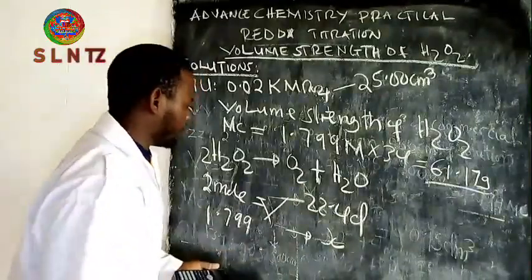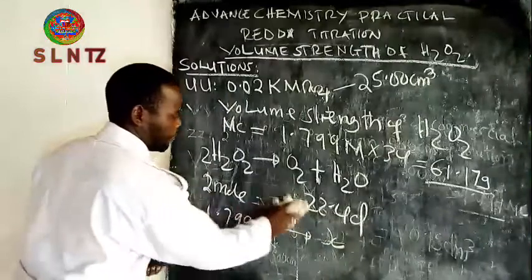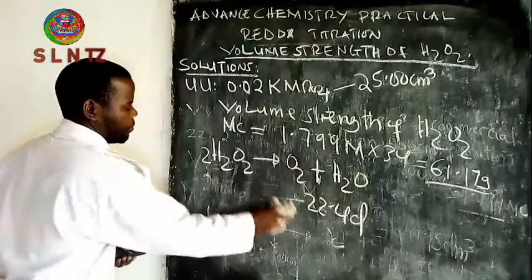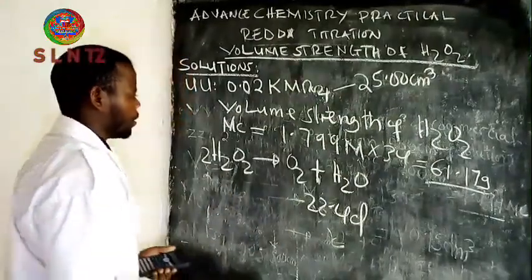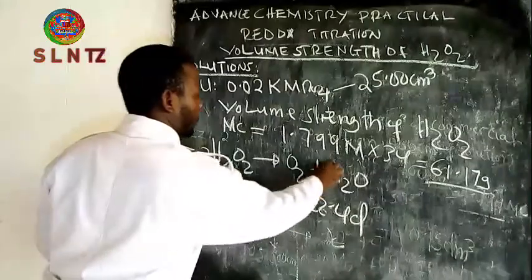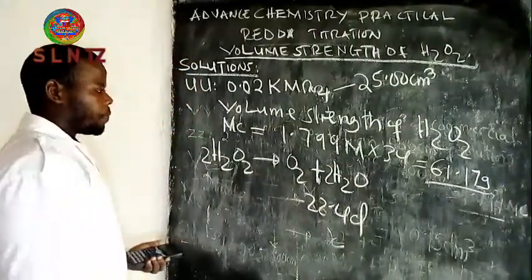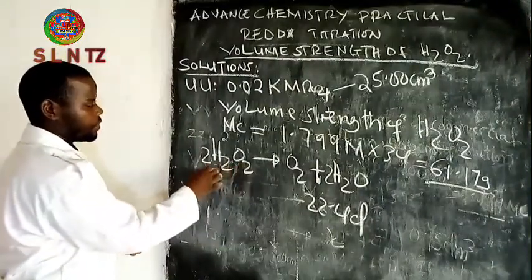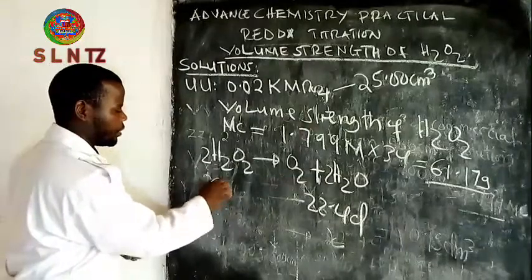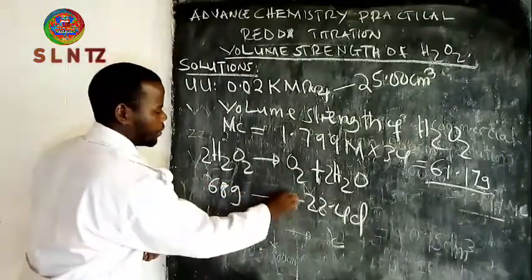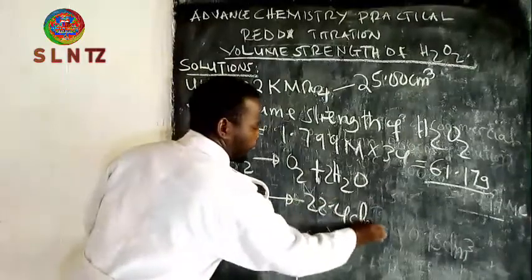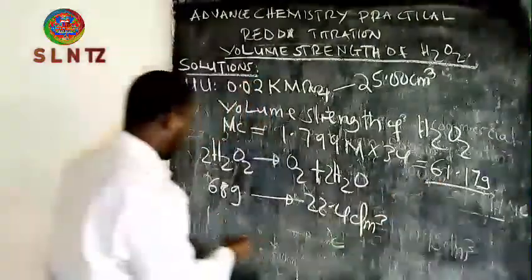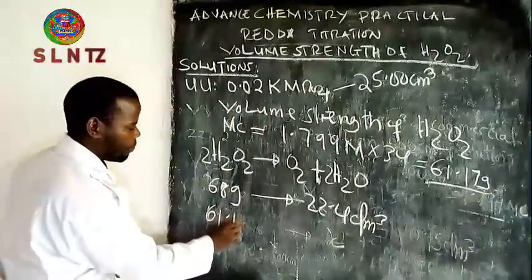So in case of mass, it means we remove moles and use mass. Consider here, when you have the mass, 34 will be 68 gram, related with this one, the same. But this one, how many will be? 61.17.